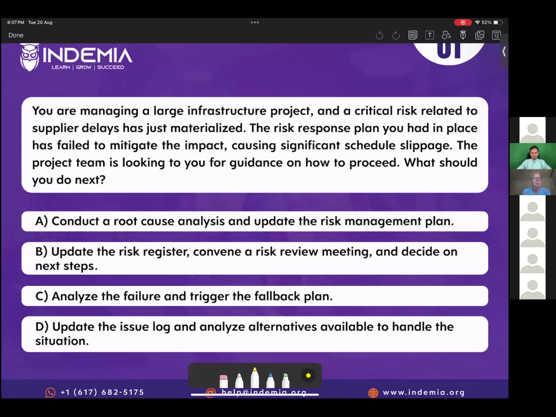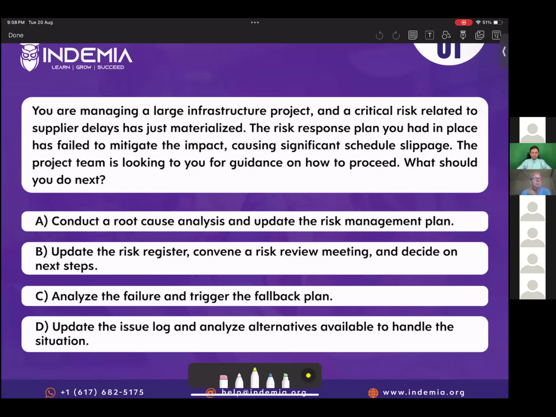And then I looked at the next ones, analyzed the failure and trigger fallback plan, and I don't think we have one based on the question. And then D seemed good, but B had identified it as a risk instead of an issue, and since it was called a risk in the question, I went with B. All right, thank you.